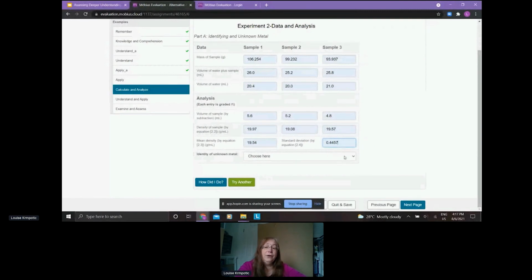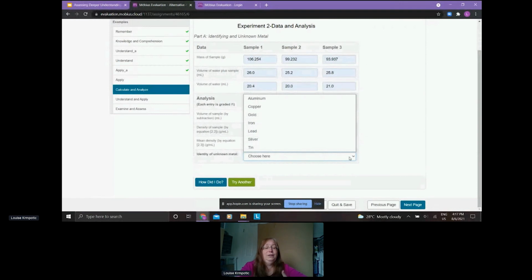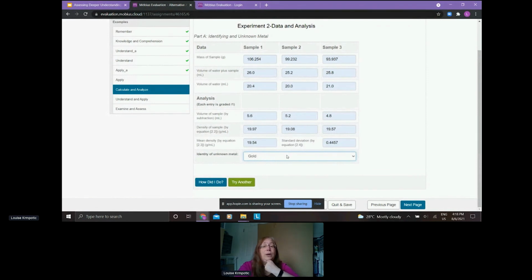So here the student has to actually look at what they've been provided, look at their periodic table and figure out what is the right metal based on this sample that they've been given. Now this sample up here, the students could either measure that themselves or they could be given that and then still asked to do the analysis. But it just allows you to go beyond just straight calculation, being able to put a lot of the things that they've been working on in class together and then do some analysis on it.